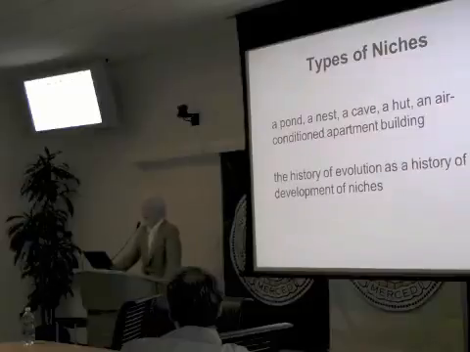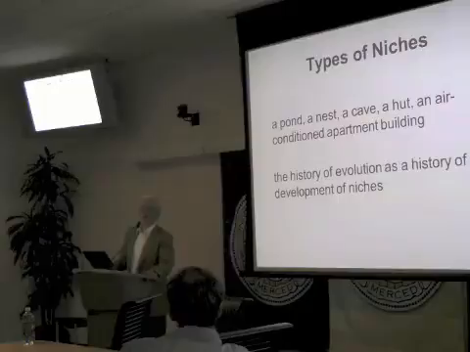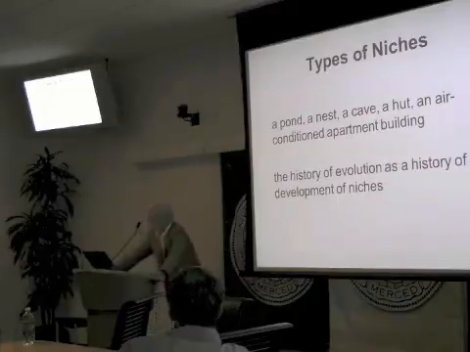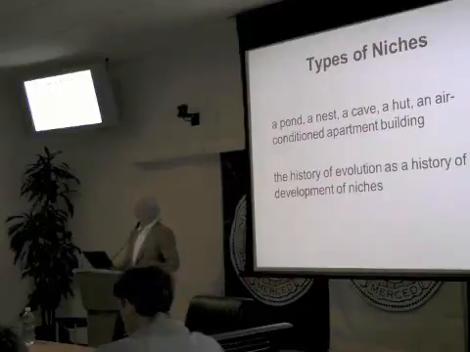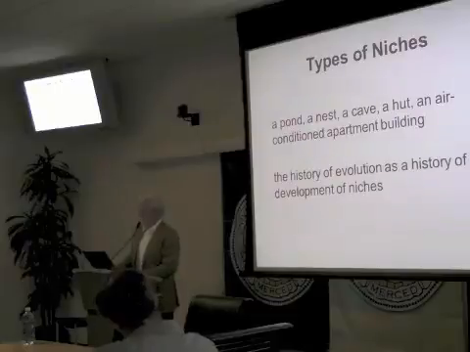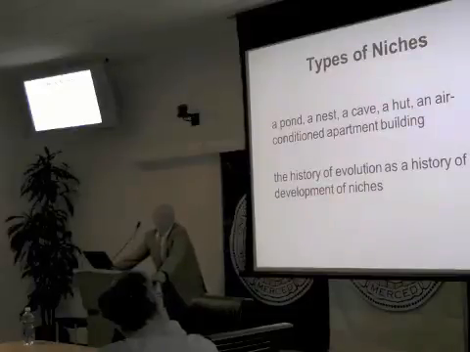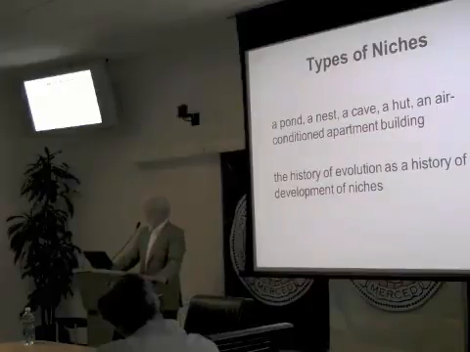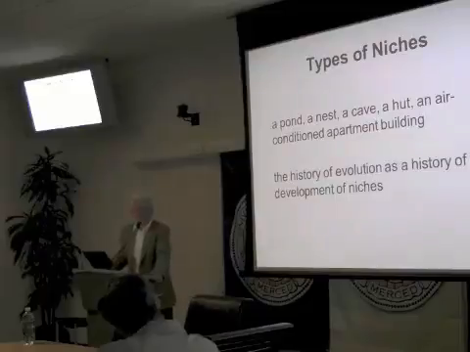Now, I'm going to use the term niche for the moment, although I will return to explain what the difference might be between a niche and an environment later on. I want to describe various different kinds of niches, and the kinds of niches are going to stretch all the way from niches which were present millions of years ago, when the earliest organisms were living in ponds, down to modern air-conditioned apartment buildings or university lecture theatres.